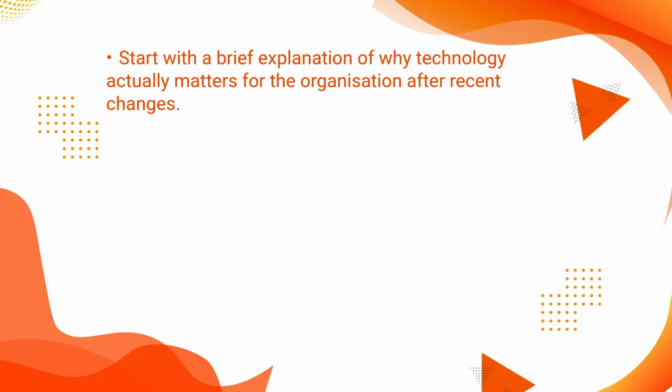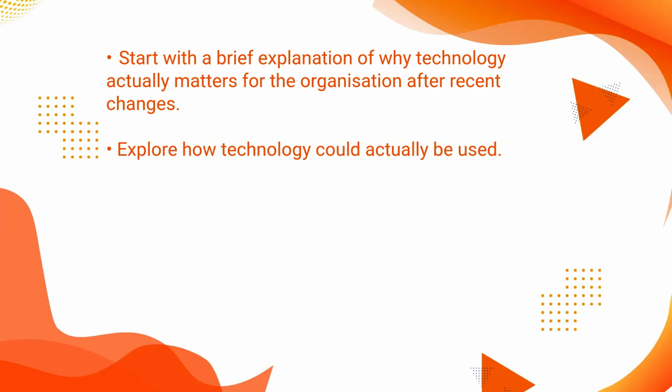Now, when it comes to planning your answer, here's a structure that works. Start with a brief explanation of why technology actually matters for the organisation after recent changes. Link it to things like better care or a stronger employee experience. Then, split your analysis into two main parts. First, explore how technology could actually be used.